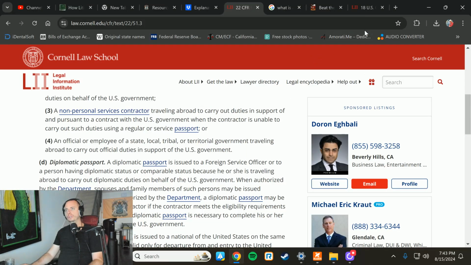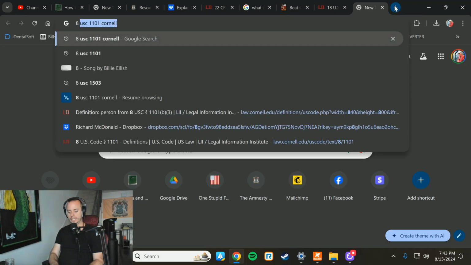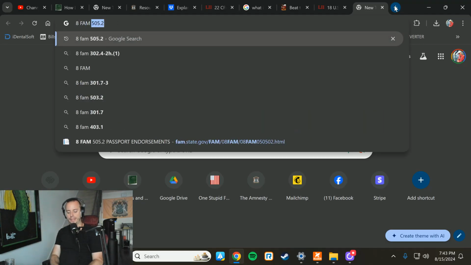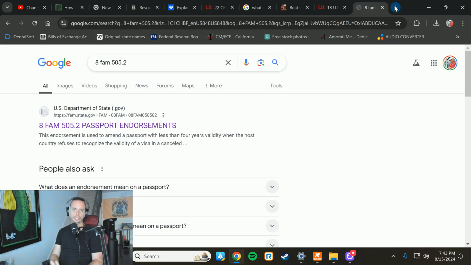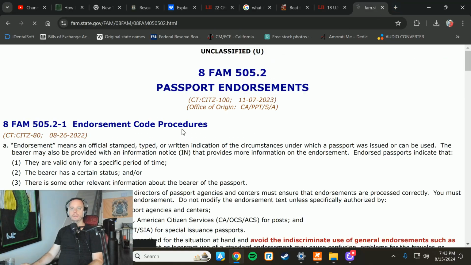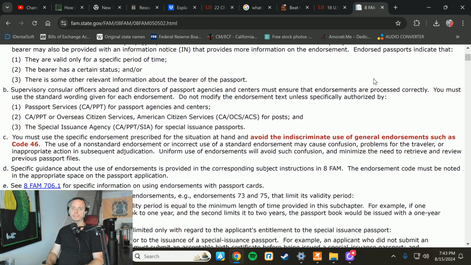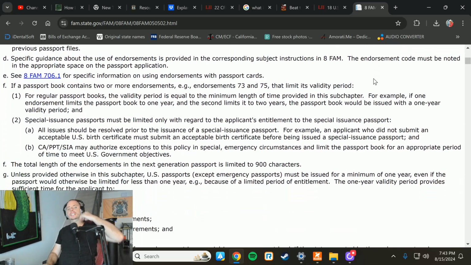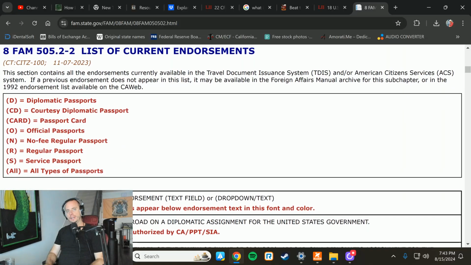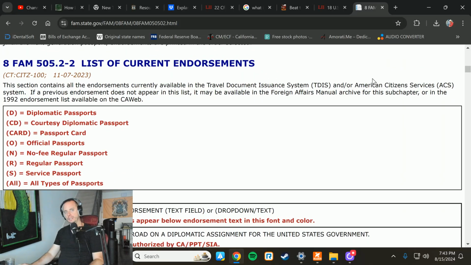Now, if we go to 8 Foreign Affairs Manual, FAM 505.2, this is, as you can see here, unclassified, right? This is the endorsement codes, END dot. We're going to go down here to the list of current endorsements. We got the whole list right here. D means diplomatic. Card means passport card. O means official. N means no fee regular.